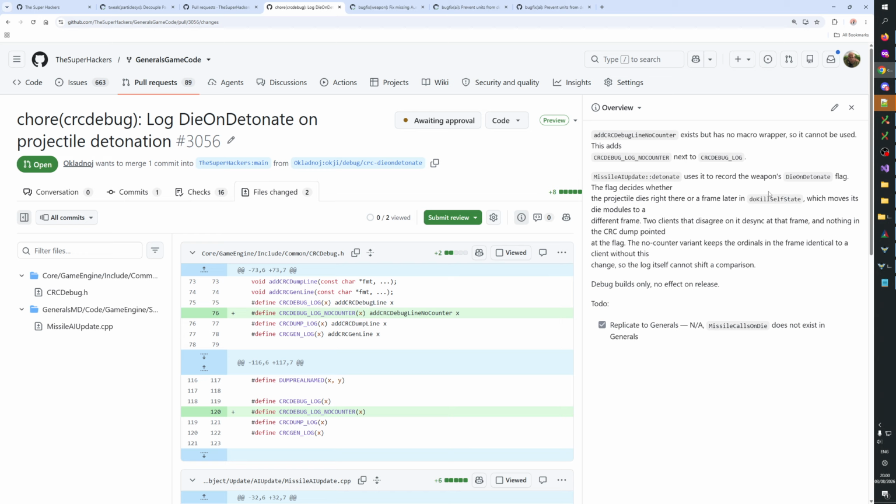Die on detonate flag. The flag decides whether the projectile dies.